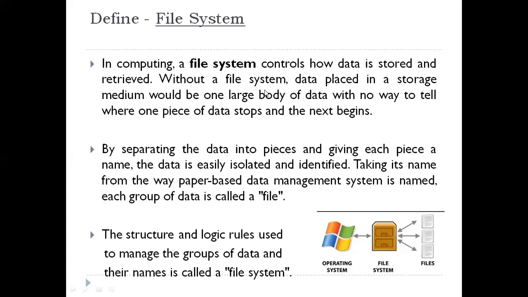So without a file system, data placed in the storage medium could be one large body of data with no way to tell where one piece of data stops and the next begins. Right. So in the previous session, I showed you an overview of how a file looks at the top view and how data is basically placed in the hardware. So in the hardware, it is just one huge chunk of data.